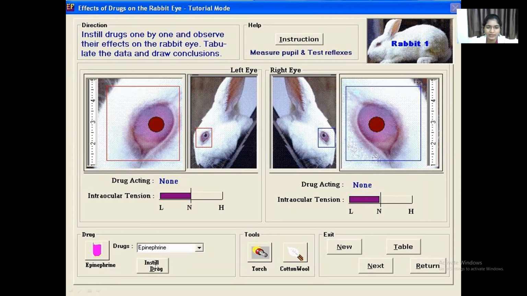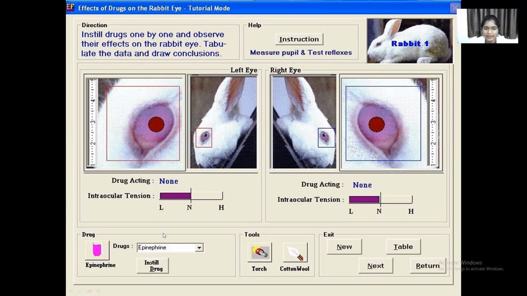If you click instill drug, you will get two eyes of the rabbit, the left eye and the right eye. When you click on one drug and instill drug, immediately you will get two options, left eye and right eye.